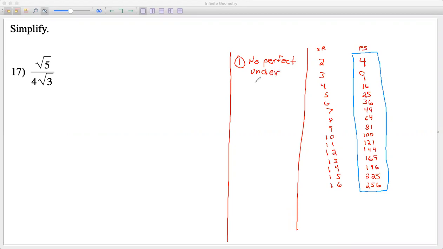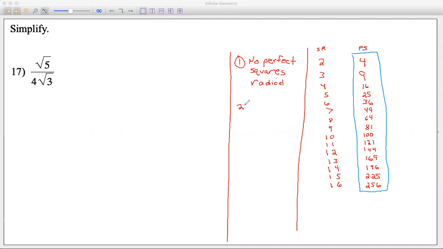So the square root symbol, look at it, make sure underneath it there are no perfect, I left off the word squares. What do you know? No perfect squares under radical. So that was rule 1. And that was the rule that we were following for everyone up to now, under radical.